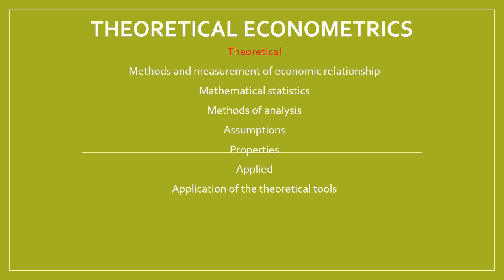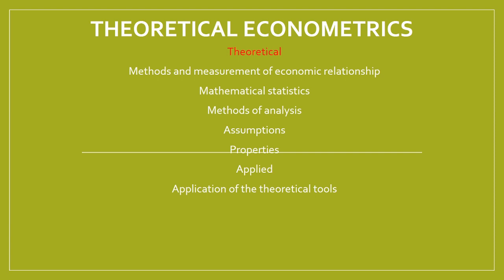Now we will see the difference between theoretical econometrics and applied econometrics. Theoretical econometrics is concerned with the development of appropriate methods for measuring economic relationships. Methods for the measurement of economic relationships are the center point of theoretical econometrics.